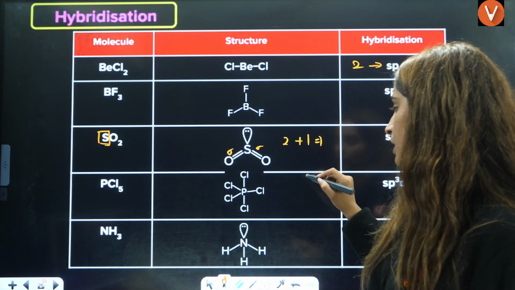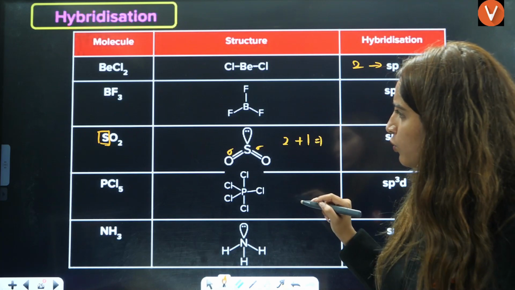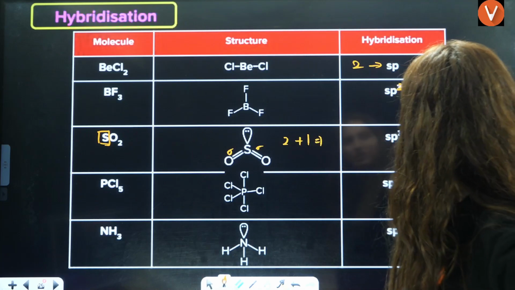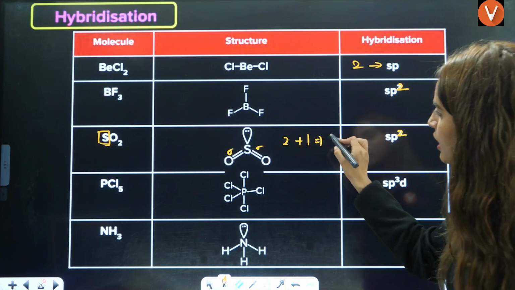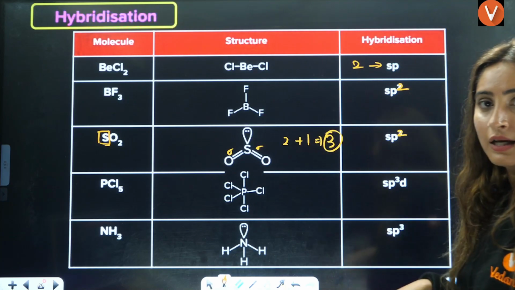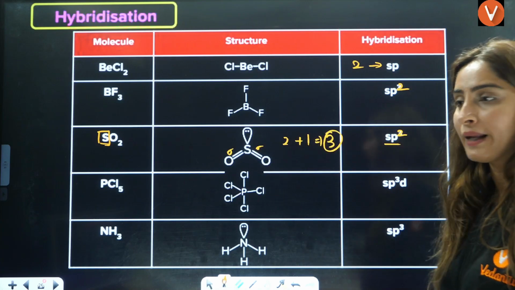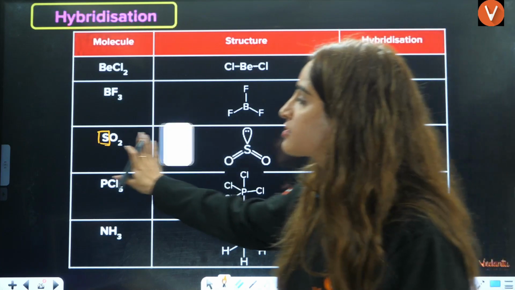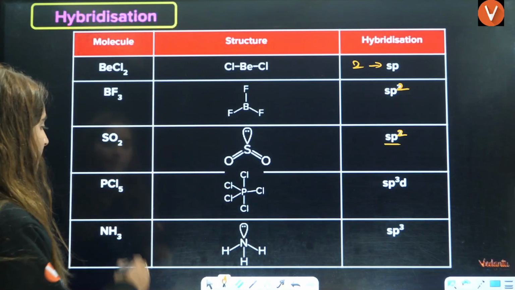Wait a minute, 2 plus how many? Lone pair is 1, right? It should be sp2, I had written sp3, sp2 it should be. So it is total 3. 3 means it is sp2, and sp2 means it is trigonal planar. So that's why this is the structure of SO2. Got it? Next is PCl5.